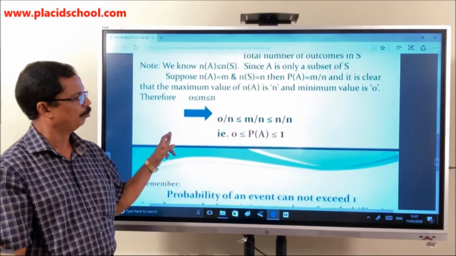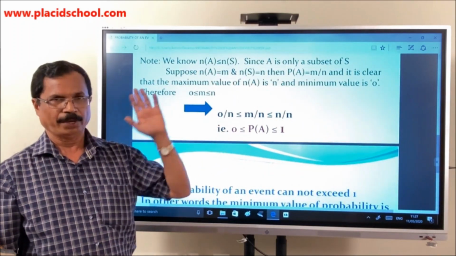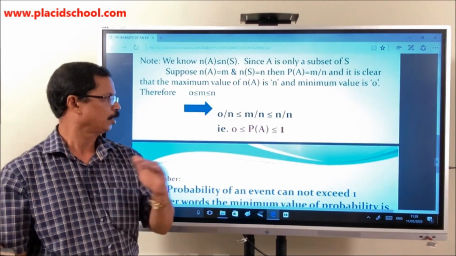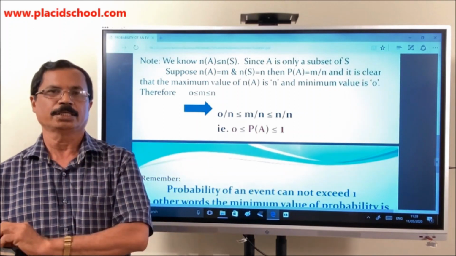This is the most important thing you have to remember. That means probability of any event does not exceed 1 and it does not go below 0. That means probability cannot be negative.